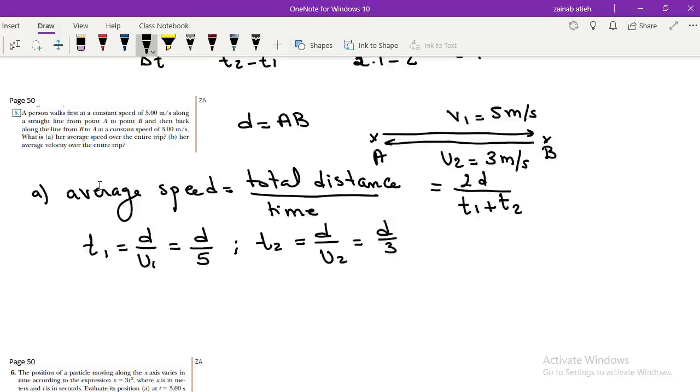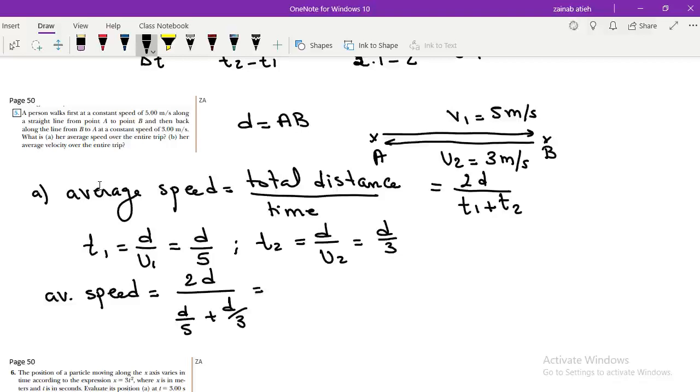Okay, let's substitute here. So we will get the average speed equals 2D over D over 5 plus D over 3.